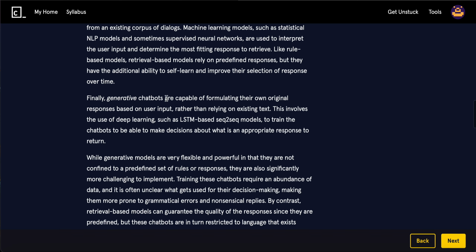Finally, generative chatbots are capable of formulating their own original responses based on user input, rather than relying on existing text. This involves the use of deep learning, such as LSTM-based seq2seq models to train the chatbots to be able to make decisions on what the appropriate response may be.